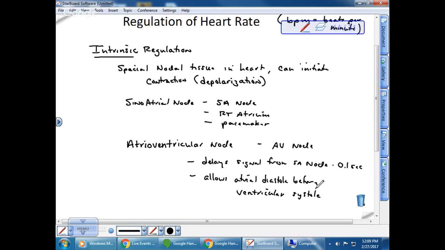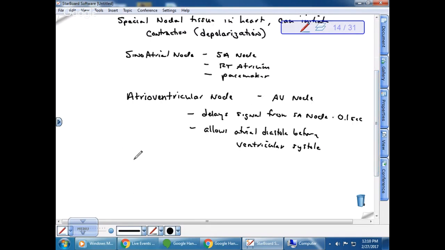So this is important because we actually want it delayed, and then we also want the signal to not start at the top of the ventricles, but we need the signal to start at the bottom of the ventricles. So we also have some nervous tissue / muscle tissue that is called the AV bundle.